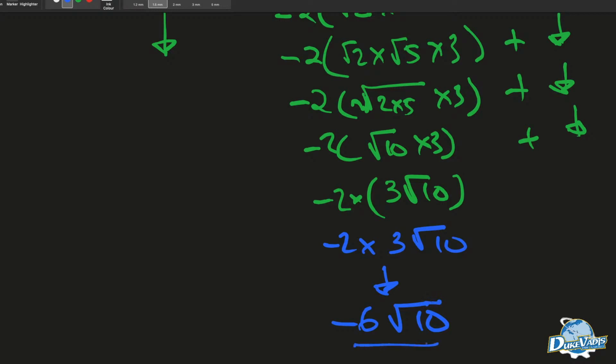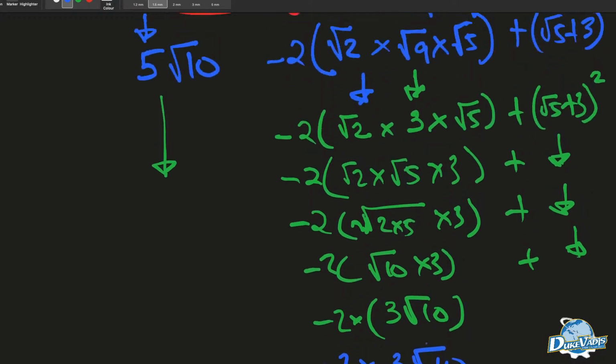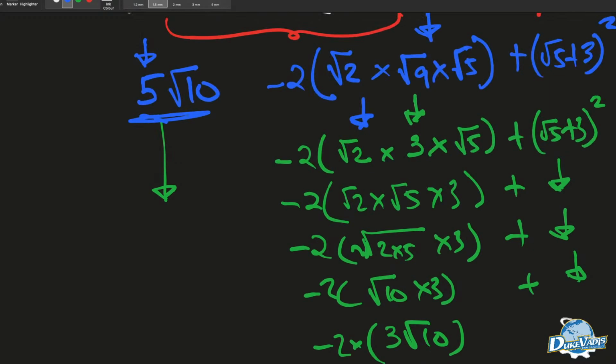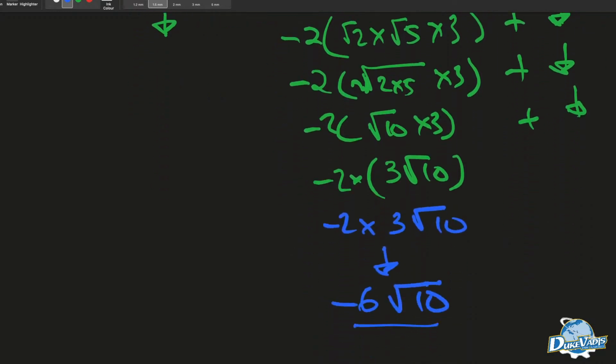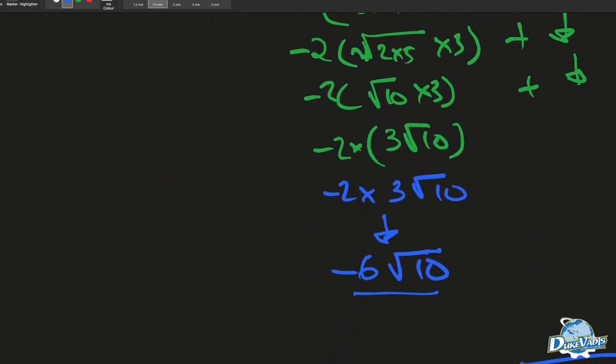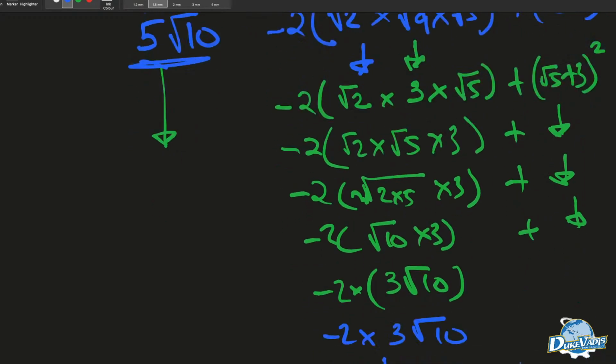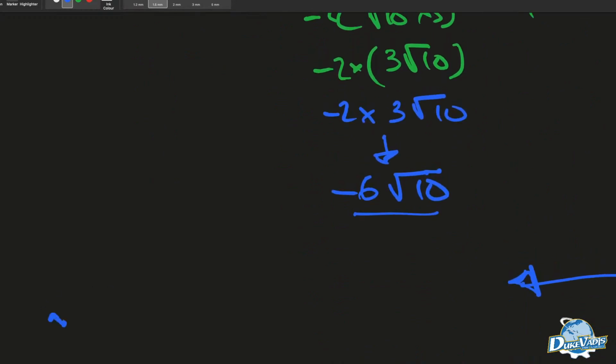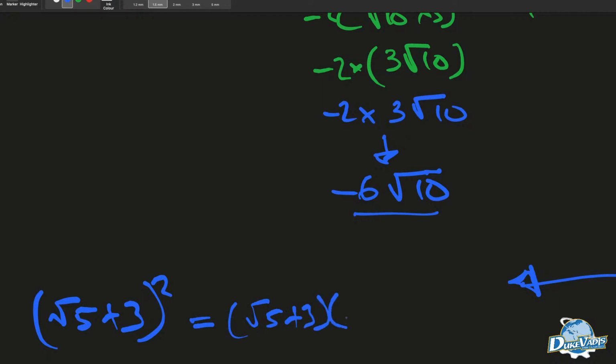Now I'm done with this, the one on top, and this one. So I don't have any problem. Now I'm going to tackle this one. So I'll come down here and take my time to compute it so that I don't find myself wanting. So surd of 5 plus 3 squared means surd of 5 plus 3 times surd of 5 plus 3.